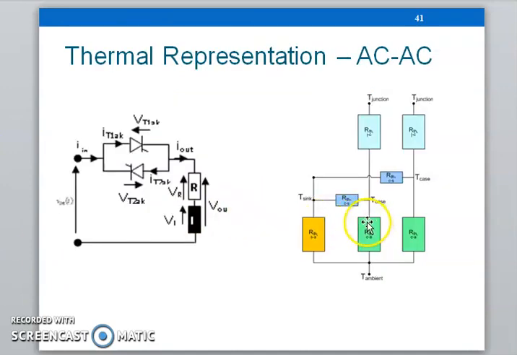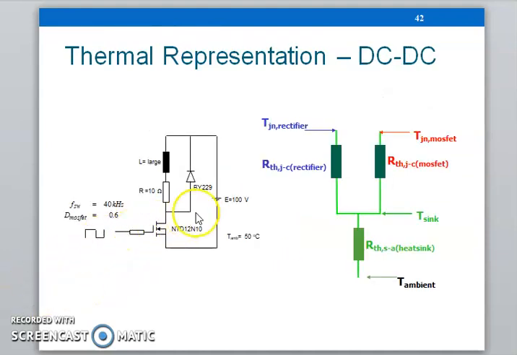So this is also a common heatsink. Two devices, two thyristors for the AC converter, placed on one heatsink. So this is a simple buck converter. We have two devices mounted onto one heatsink.